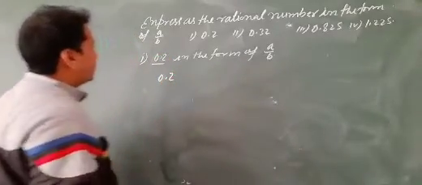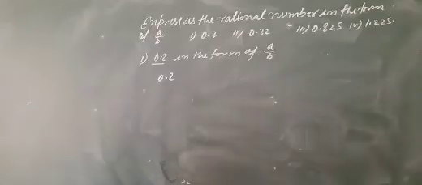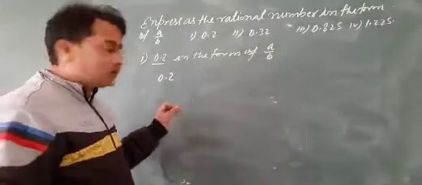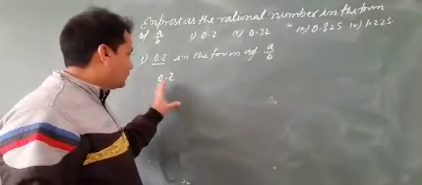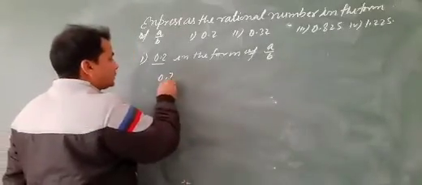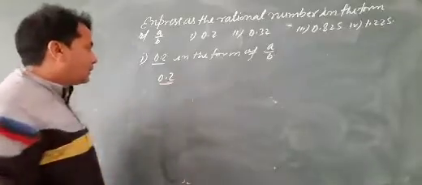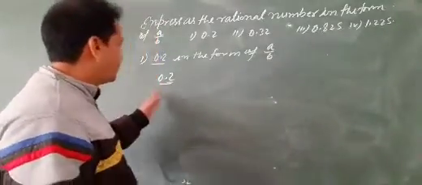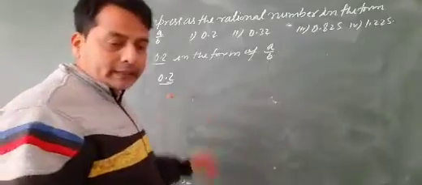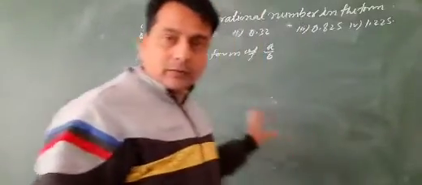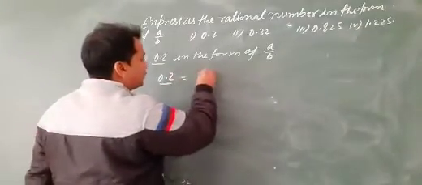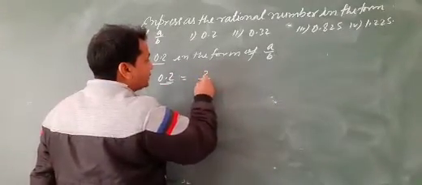In this number 0.2, there is one digit after the decimal point, so we divide by 10. That gives 2 divided by 10.